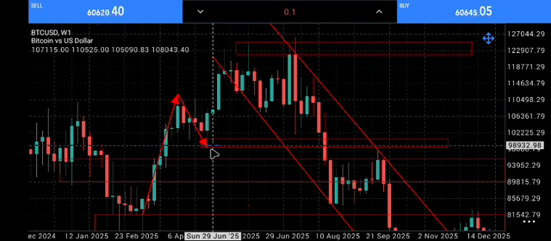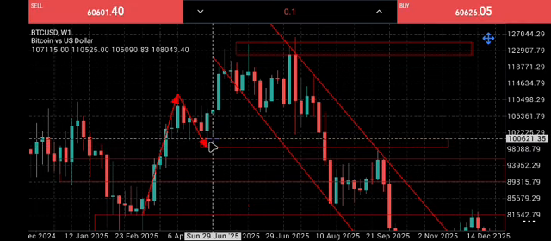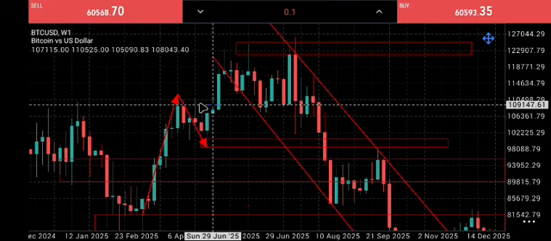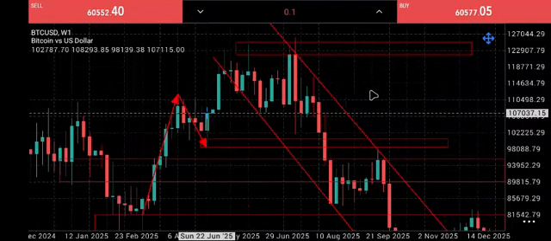There is some background noise and confusion, but let me give you the right information. If you did buy in this market, you should have clicked buy at this area, at a price of 107,037.15. That is the area where you should have bought BTC.